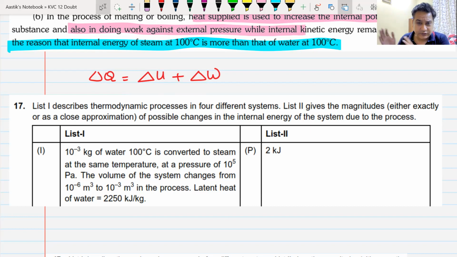So on the right-hand side you have values of changes in internal energy, and on the left-hand side you have questions in which you have to find the change in internal energy. This is question number 1 from list 1: 10 raised to the power minus 3 kg of water at 100 degrees Celsius is converted into steam at the same temperature at a pressure of 10 raised to the power 5 pascals. The volume of the system changes from this to this in the process. Latent heat of water is also given, 2250 kilojoule per kg. You have to find the change in internal energy.